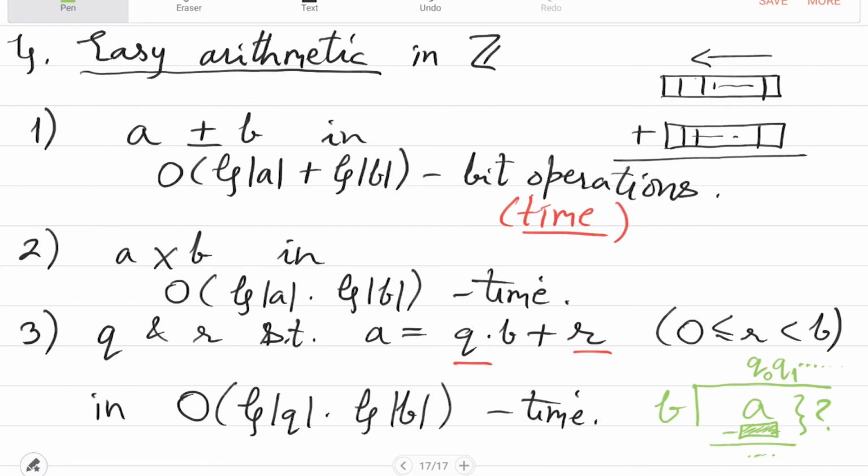Okay, so it is better that you convince yourself that for long division the complexity is log quotient times log divisor. The A and R anyways is very small. A will not appear in the complexity. I mean, obviously, implicitly it appears because there is Q and there is B. So as A grows, Q also grows.